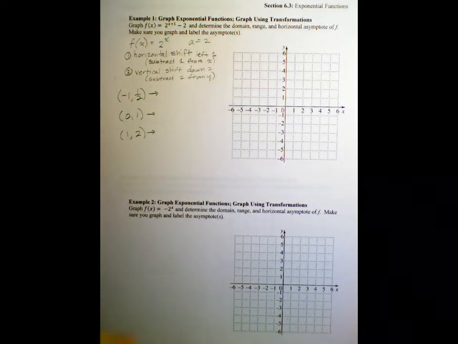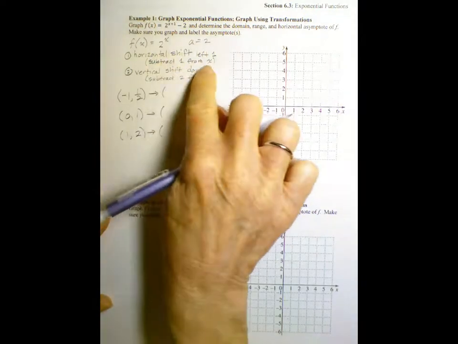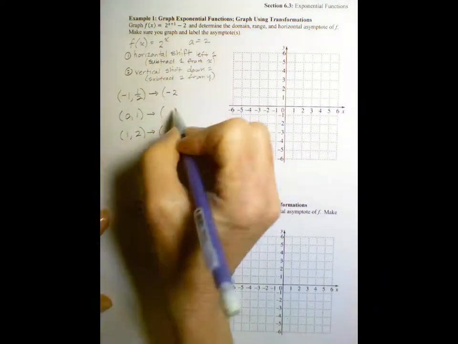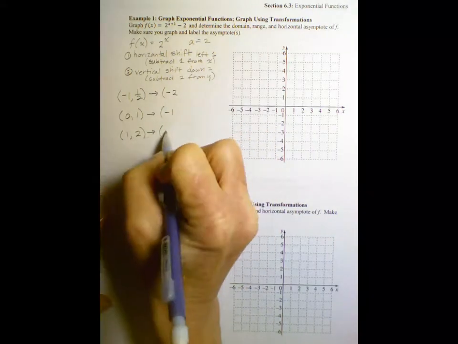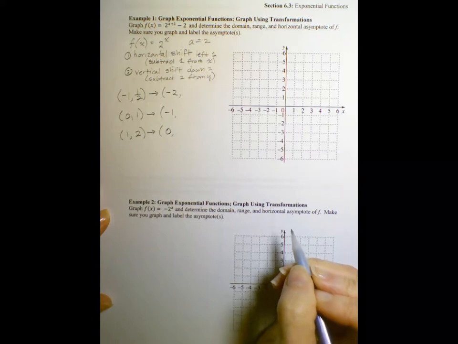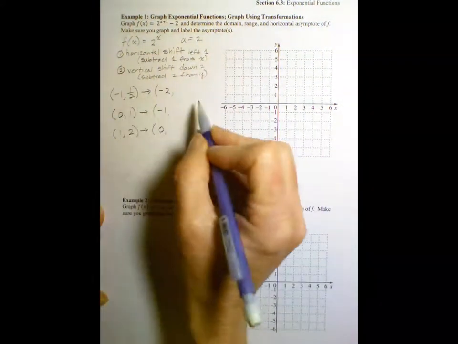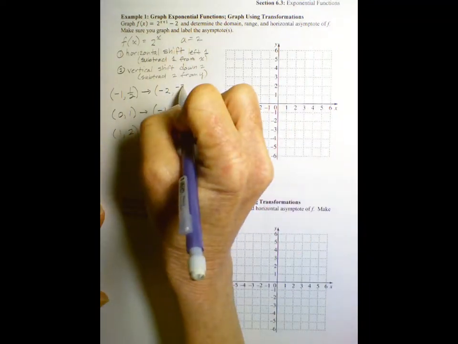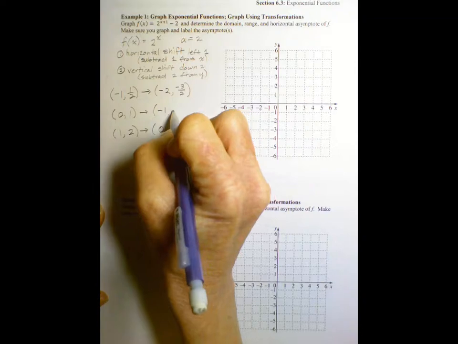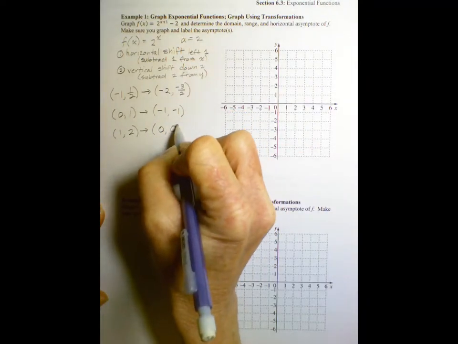All right, for the x coordinates, let's just do all the x's, because all we're going to do is subtract 1. Negative 1 minus 1 is negative 2. 0 minus 1 is negative 1. 1 minus 1 is 0. Those are our new x coordinates. Now for the y's, we'll subtract 2. 1/2 minus 2 would give us negative 3/2. 1 minus 2 would give us negative 1, and 2 minus 2 would give us 0.